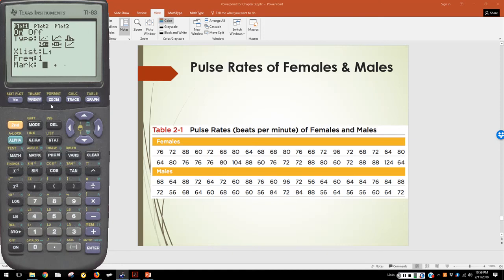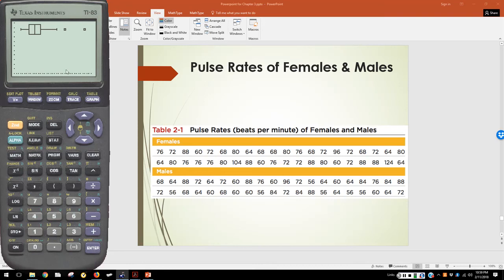And then the next thing that we're going to do, and I know we'll practice this, is press the zoom key. If you're making any kind of a statistics plot, when you press the zoom key, you go down to zoom number 9, which is zoom stat, and you press enter.